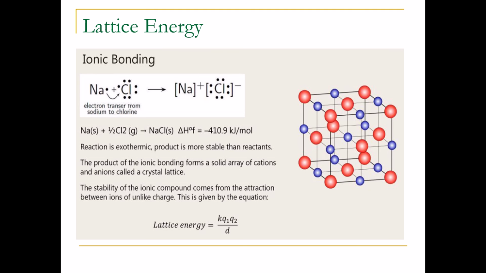So just to remind you, if we put our Na, sodium, with our chlorine, we're transferring electrons from the sodium to the chlorine to create ions. Once the two ions come together in a lattice structure, energy is released. This energy that is released is called the lattice energy when we're looking at gaseous ions coming together to form the solid. And lattice energy is given by this equation down here.